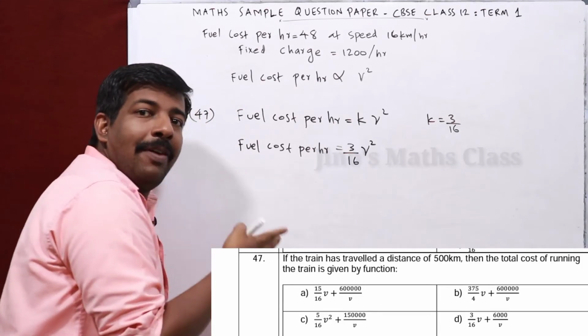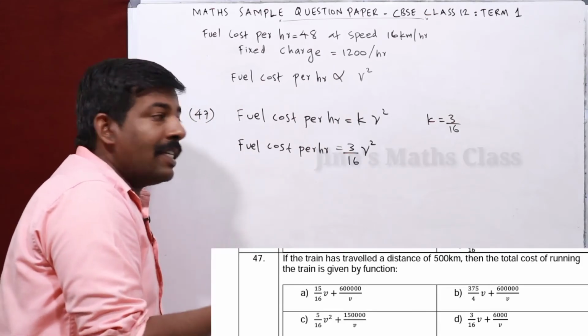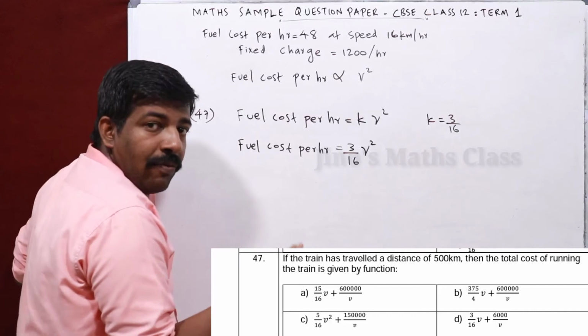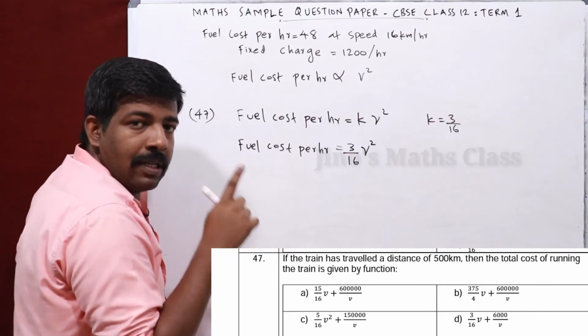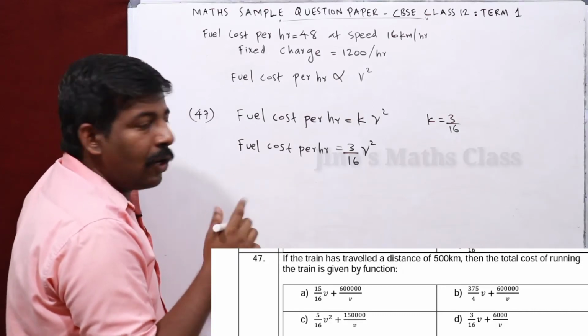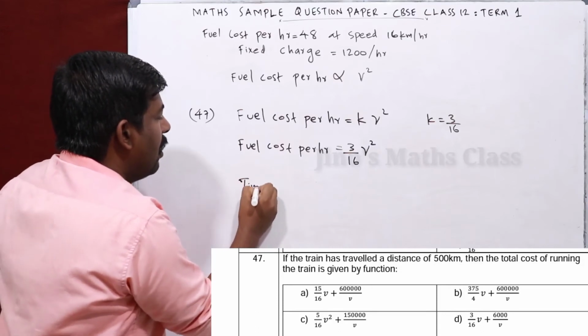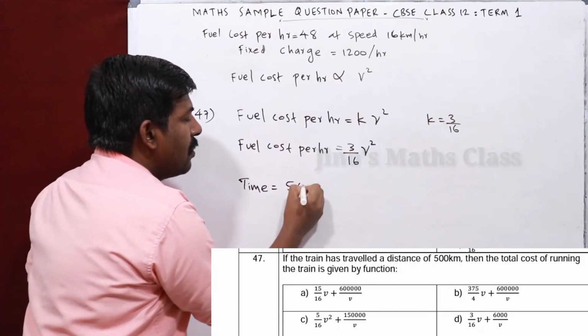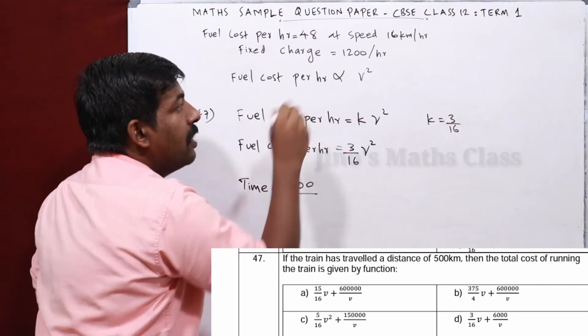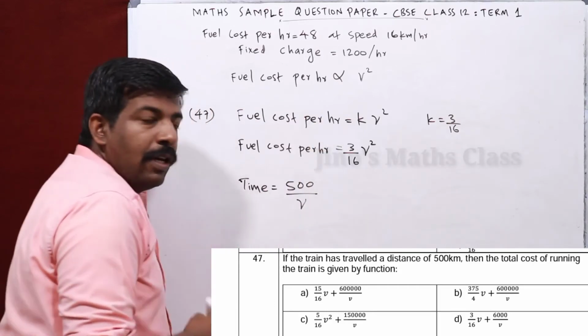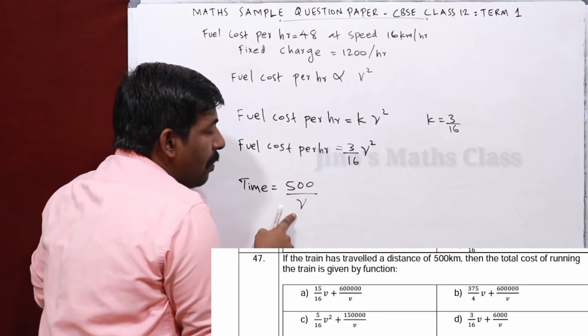But they gave a distance of 500 kilometers. They didn't give the time. So we have to find the time of journey for 500 kilometers, right? We know time is distance by speed, and speed is always small letter v. So time is equal to 500 by v.